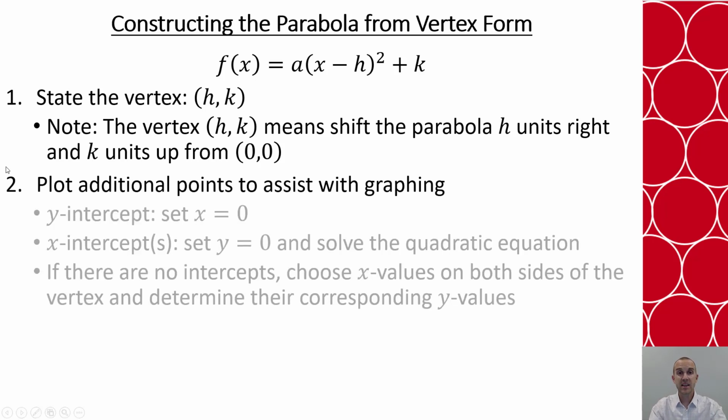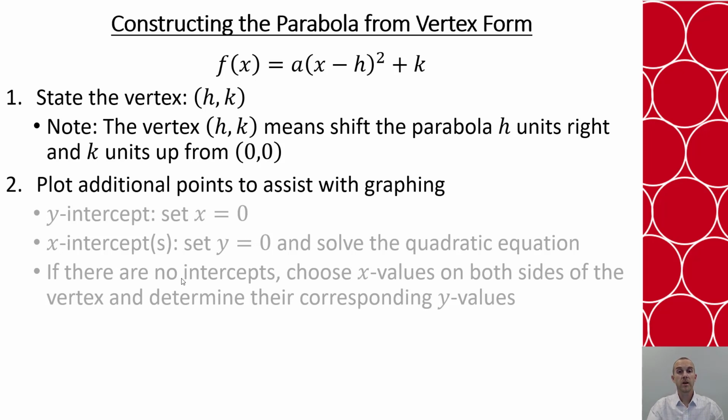So then I find the same types of points. Can I find the y-intercept when x is 0? Can I find the x-intercepts when I make y equals 0? The key, though, is if I have this here, to find the x-intercepts I'm probably going to have to expand the x minus h quantity squared and then use something like the quadratic formula or factoring to be able to find those x-intercepts.